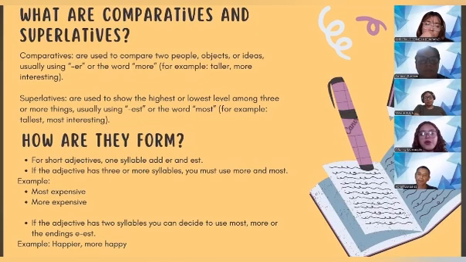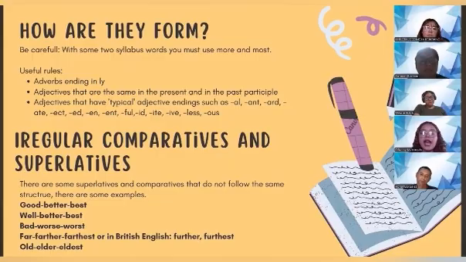Now, how can we form superlative and comparative adjectives? The important rule is when an adjective has one syllable, you add ER at the end for the comparative and EST for the superlative. If the word has 3 or more syllables, you add in front of the adjective the word more and the word most.